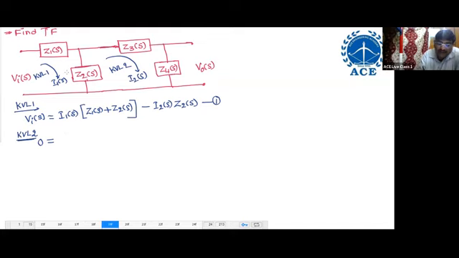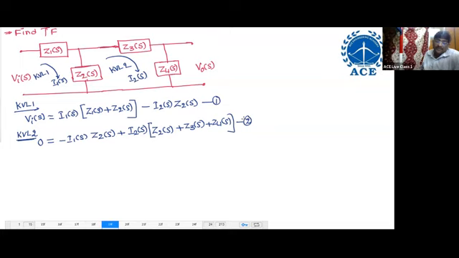That means minus I1 of S into Z2 of S plus I2 of S into Z2 of S plus Z3 of S plus Z4 of S. This is equation number 2.